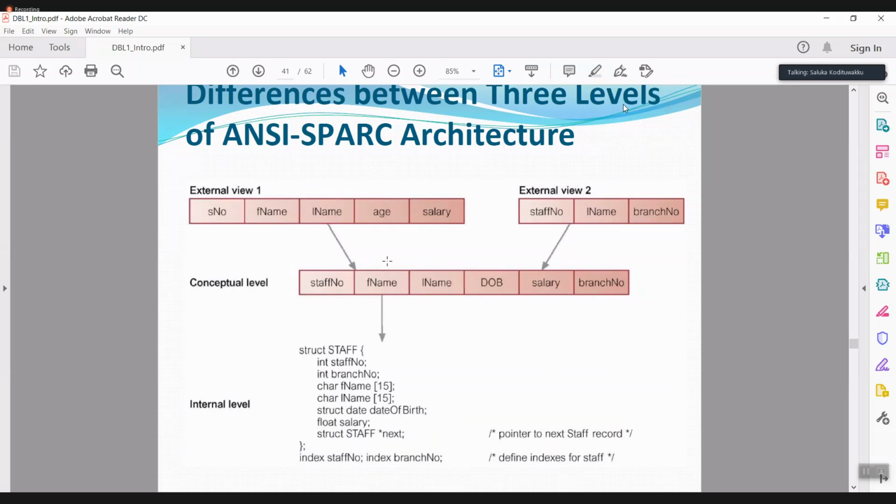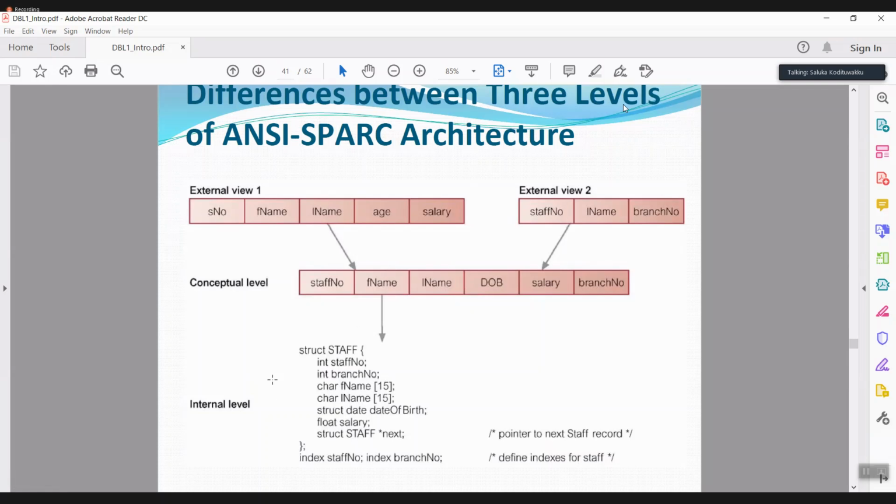You can see that in the actual global view of the database, there are 1, 2, 3, 4, 5, 6 attributes. But when it comes to the external level, the first view has only 5 of them, the second one has 3 of them, and if you look at the third one, it may have only 4 or 2, like that. That is the conceptual level.